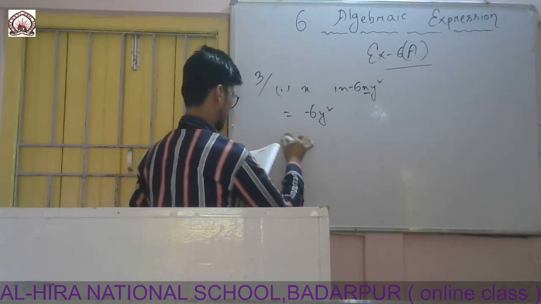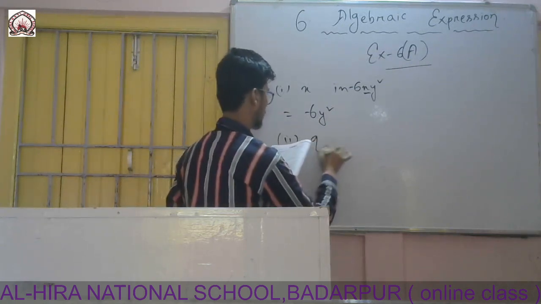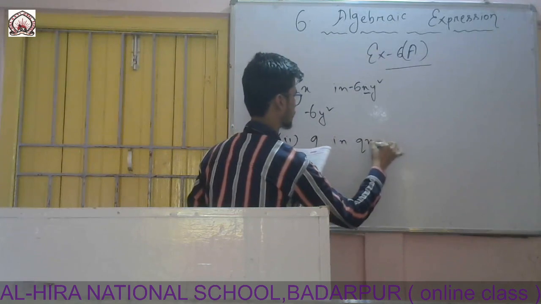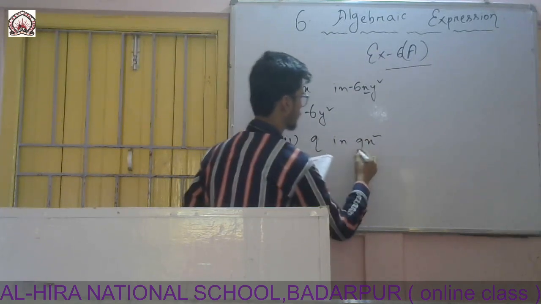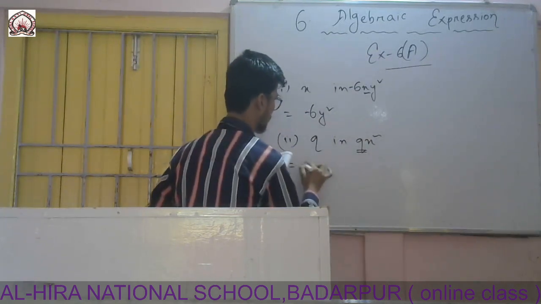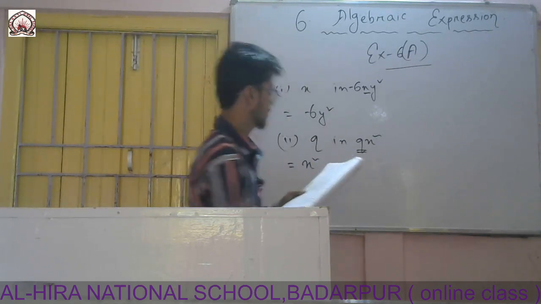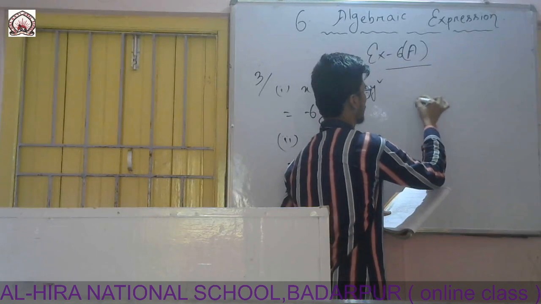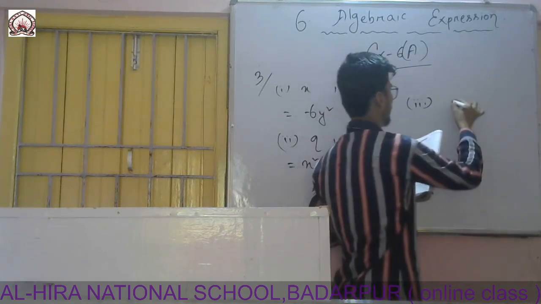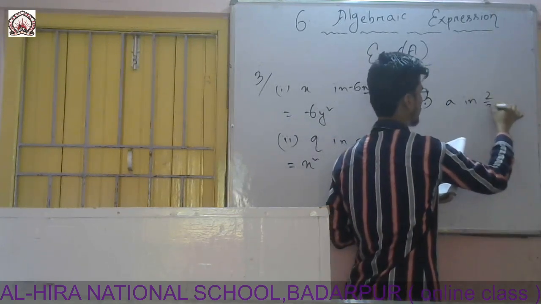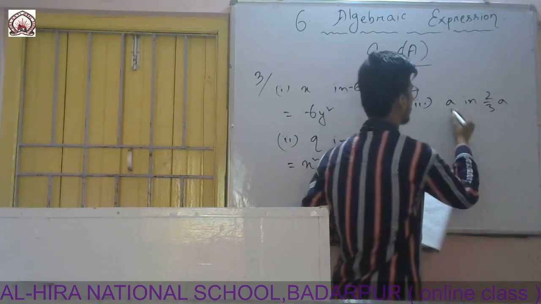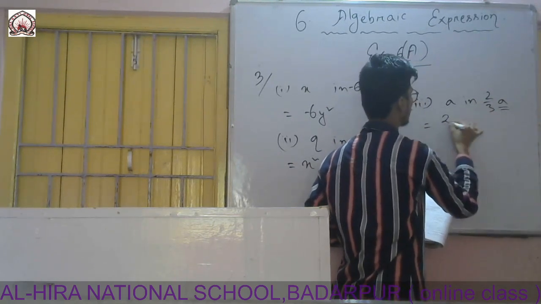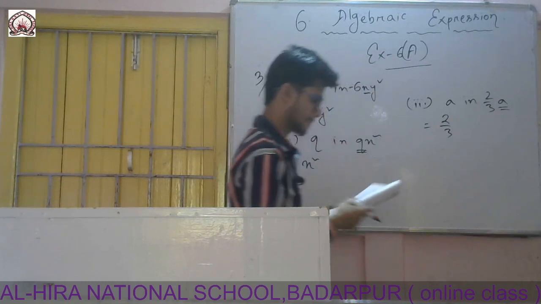So Roman number 2, q in qx square. So just leave this q. Answer is x square. Roman number 3 also, let me do, a in 2 by 3a. So just leave a. Which part left? 2 by 3. So this is the coefficient.